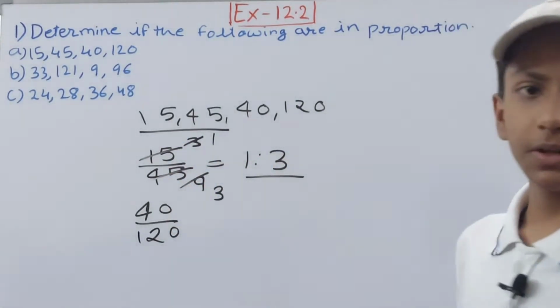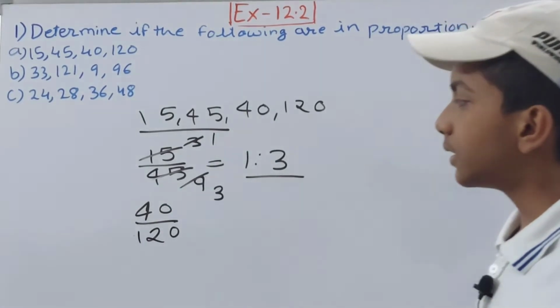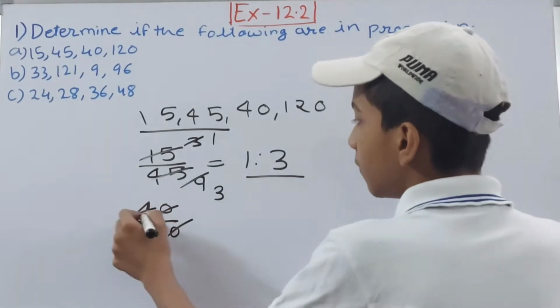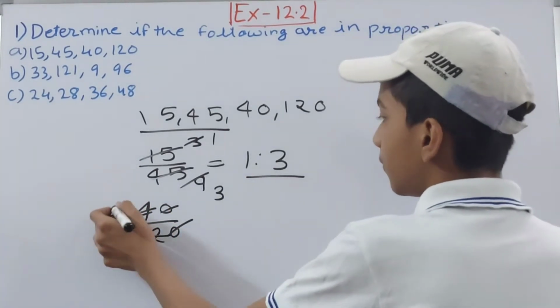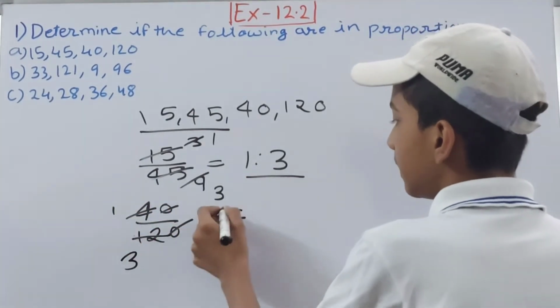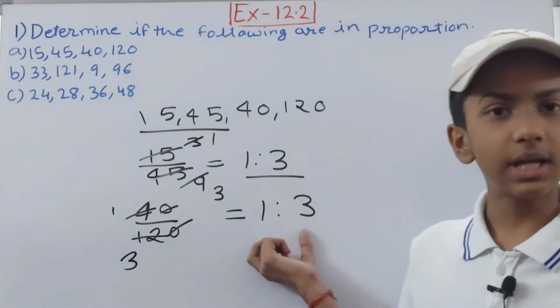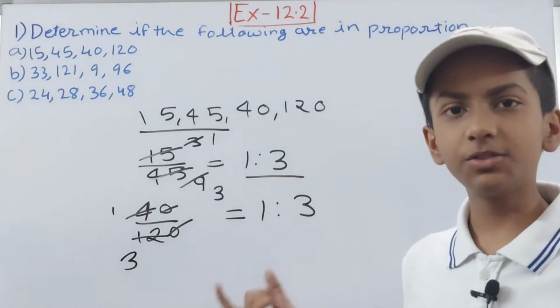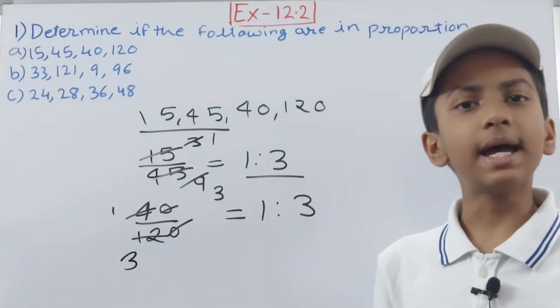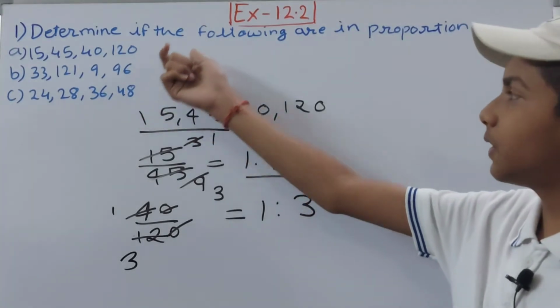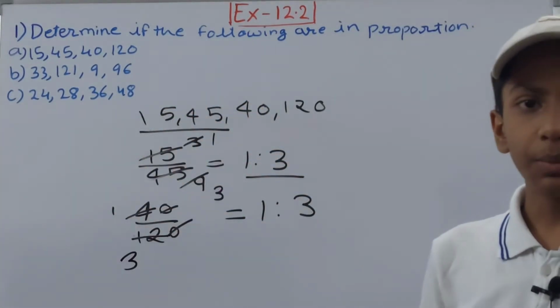Here the ratio is 1:3. Now you see here 40 upon 120, so we cut this 0, 4 and 12 will go by 4, 1 and 3 times, right? So 1:3. You can see that both of the times we are getting the same ratio, 1:3. That means that these four quantities 15, 45, 40 and 120 are in proportion.